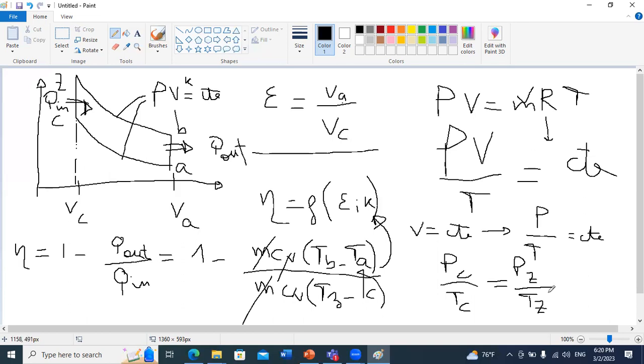Okay, so we can say then that the ratio of temperature between Z and C, so Tz over Tc, is equal to the ratio of pressures. So it is equal to Pz over Pc.